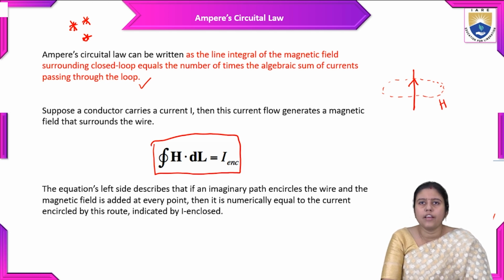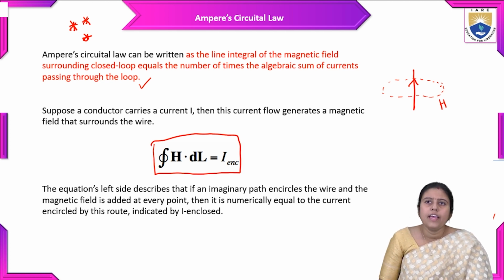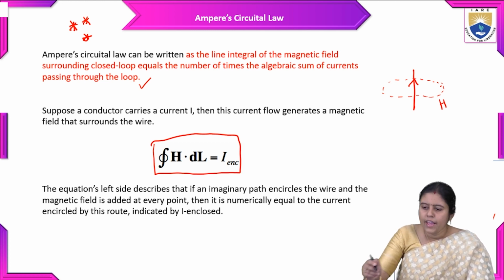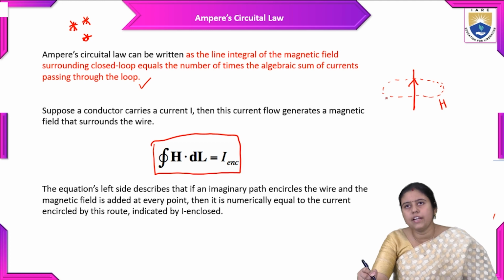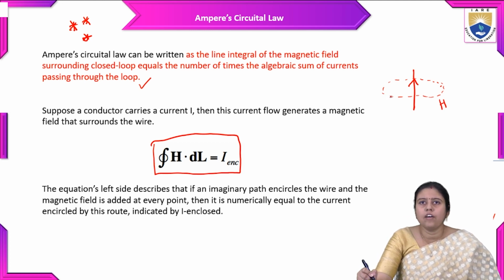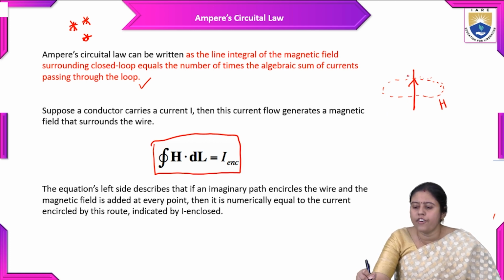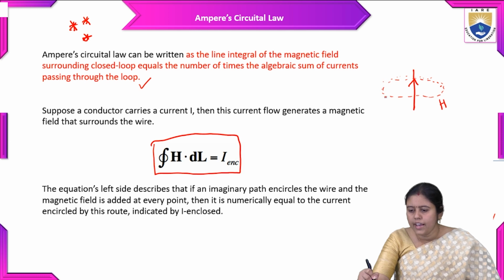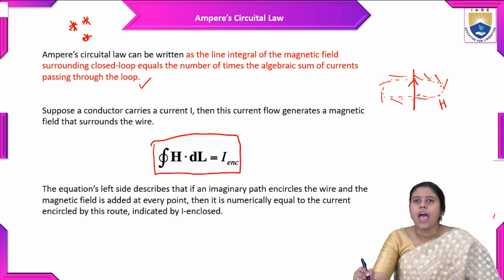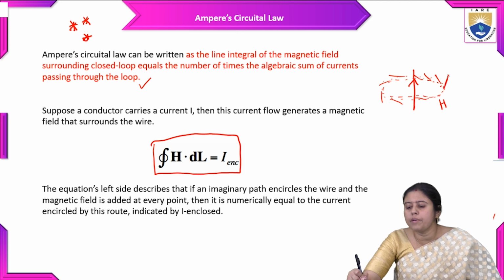The equation's left hand side describes that if an imaginary path encircles the current carrying conductor, the magnetic field is added at every point. At every point we will get some magnetic field. And what is the direction of the magnetic field?